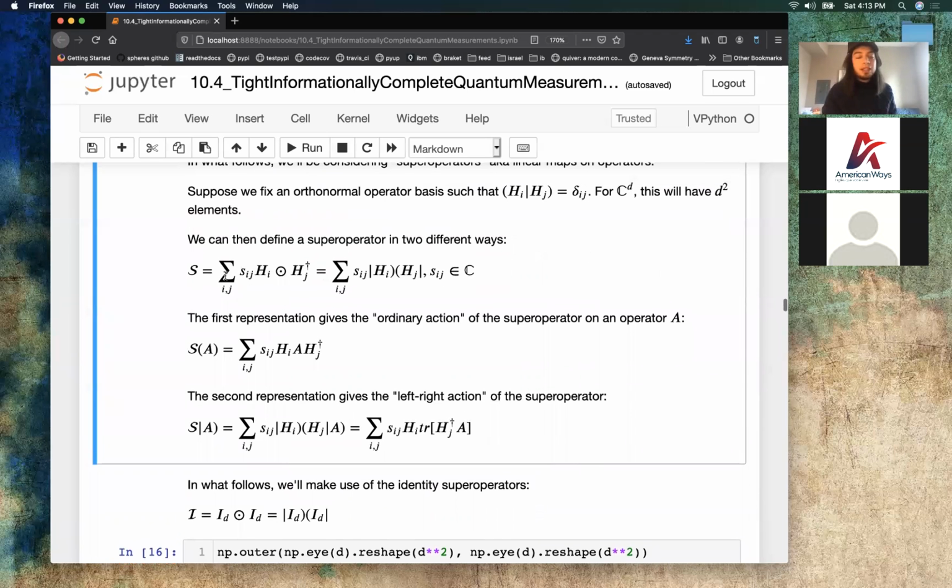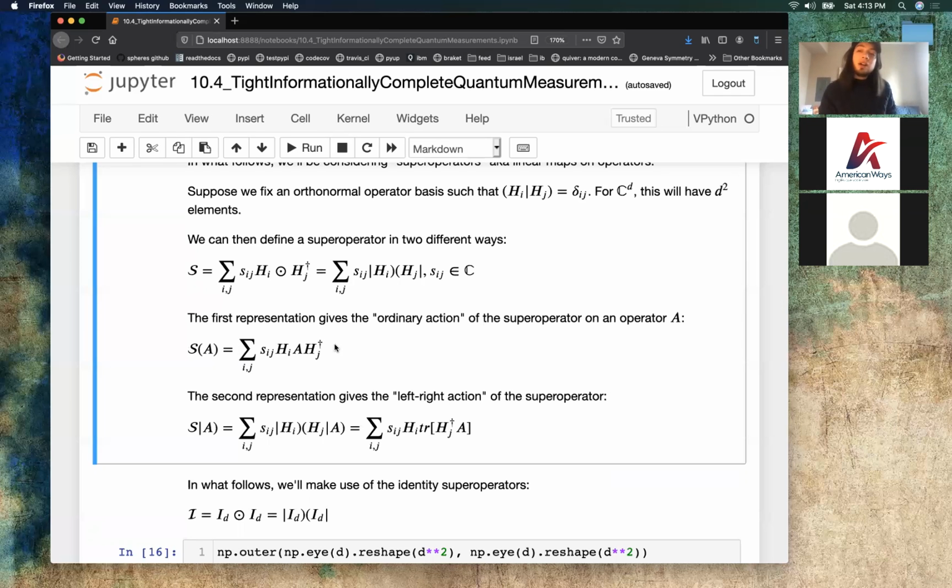In other words, these are just operator basis elements, any orthonormal basis you like, with some coefficients S_ij. And the idea is you take the sum, but in this little dot here, you stick your operator. In other words, if you wanted to evaluate the map on some matrix A, you would stick A in there and take the sum.